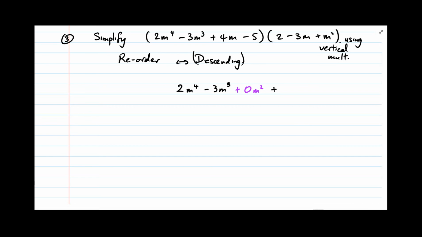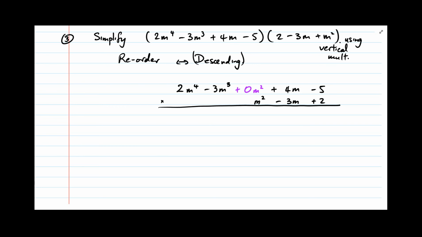And now let's continue. We have our 4m minus 5. I'm multiplying this by, and let me line this up, m squared minus 3m plus 2. Okay. So this time we're going to have 3 rows that we're going to add, since there are 3 terms in that polynomial that I'm multiplying by.